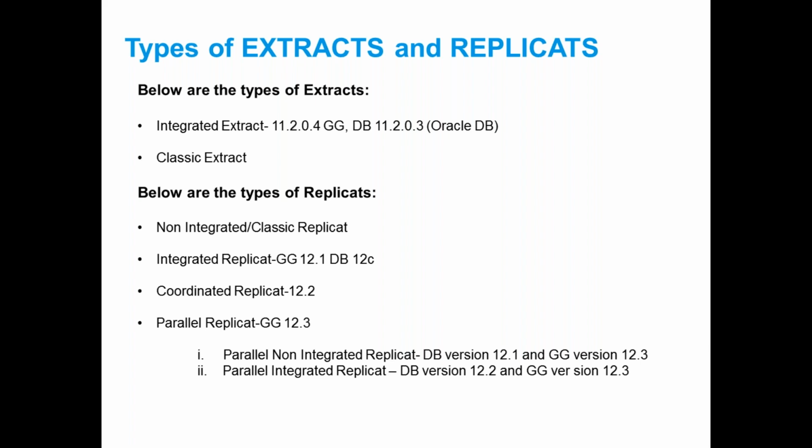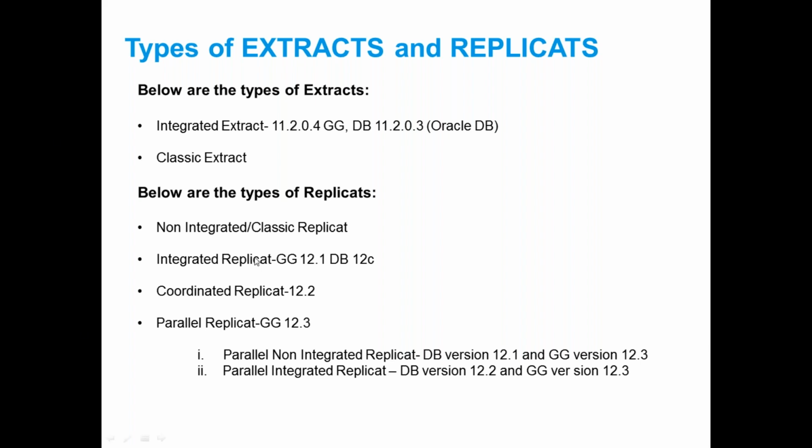Now there are different types of replicates available. First is non-integrated or classic replicate. Second is integrated replicate. So non-integrated replicate is available since beginning. Next is integrated replicate, which is available since Golden Gate version 12.1 and database version 12.2.